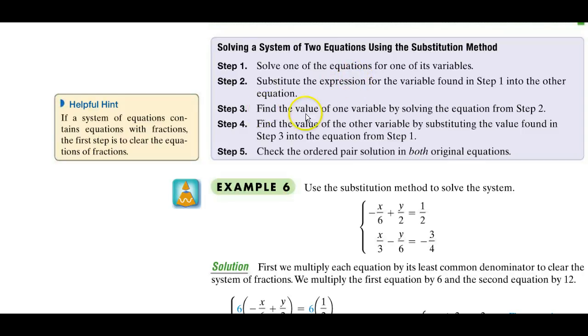Then you find what one variable is as you solve for it. Then substitute back in the original equation to solve for the other variable. And a good idea is to check your work to see if it is a solution for both of the original equations.